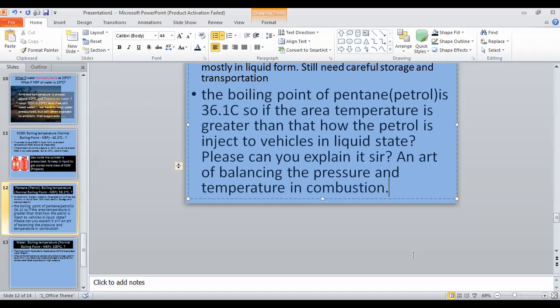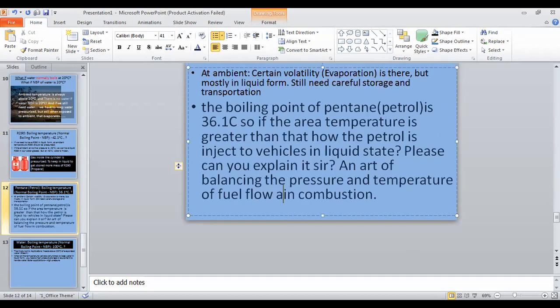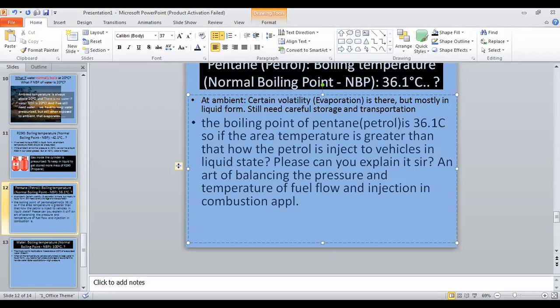An art of balancing the pressure and temperature of fuel flow and injection in combustion applications. There's an art.